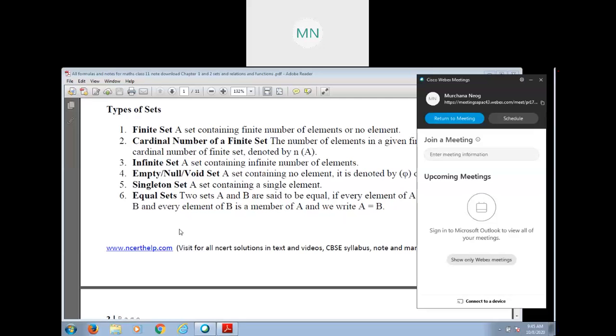If we consider two sets, suppose A and B, then A and B are said to be equal if the elements of A and B are the same. Suppose A is a set that contains the elements A, B, C, and B is another set which contains the elements C, A, B. Then we see that the elements of A and B are the same. That is A, B, C. So we say that A and B are equal.